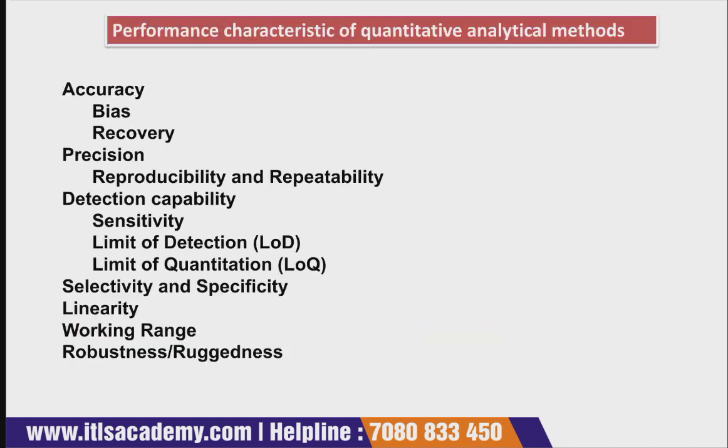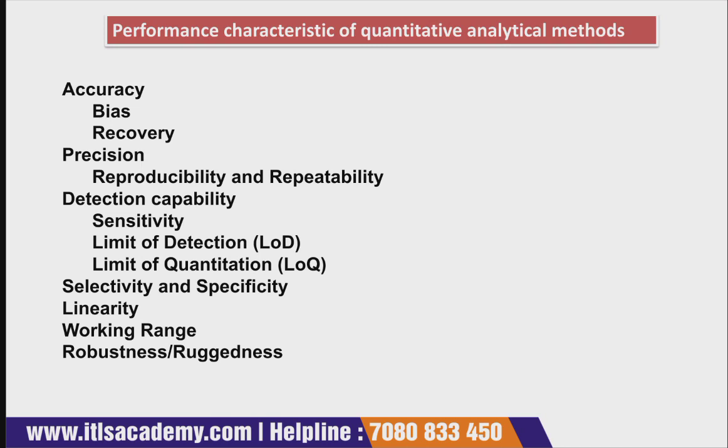Now, let us understand the performance characteristics of a quantitative analysis method. The first one is accuracy. The method should be very accurate. Whenever you are using any method, let's say X-ray method or fluorescence or atomic absorption, all those methods must be very accurate.